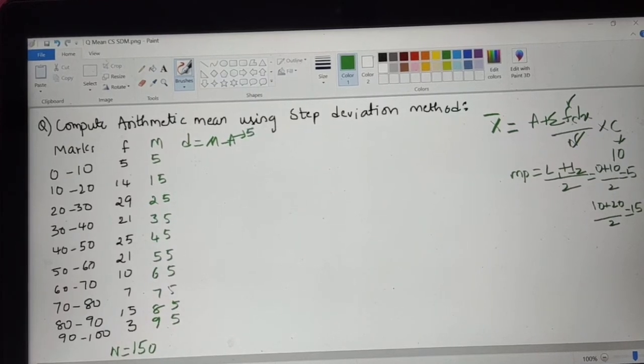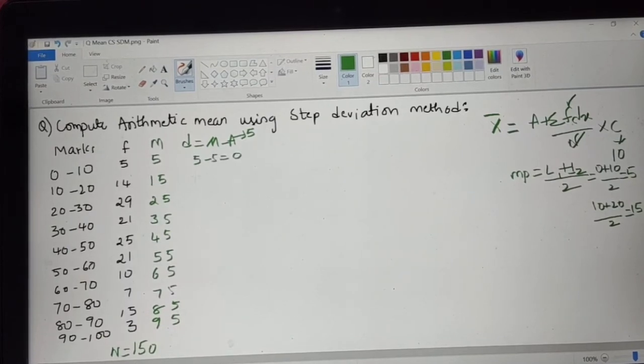So m minus a: my first value 5 minus 5 equals 0, 15 minus 5 equals 10, 25 minus 5 equals 20. If you notice, there is a difference of 10 each time. So 30, 40, 50, 60, 70, 80, 90. These are the different d values that I have got.